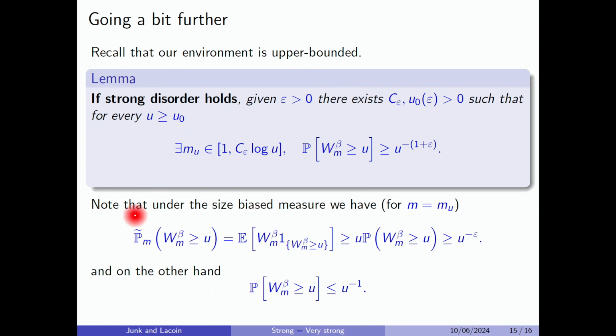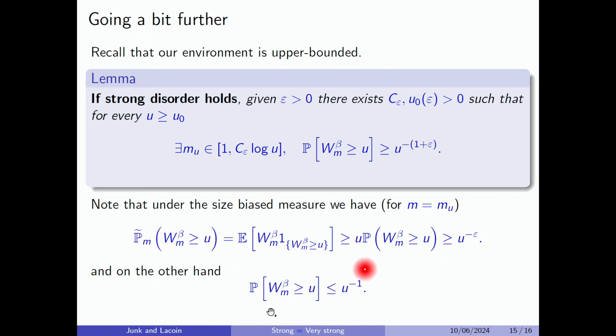Then the probability that Wm is larger than u under the size bias measure, by definition, is equal to this. Now, on this event, Wm is larger than u, so you can just replace Wm by u if you want a lower bound. And this u in front takes off the power -1 here, and so the lower bound here is u to the minus epsilon.